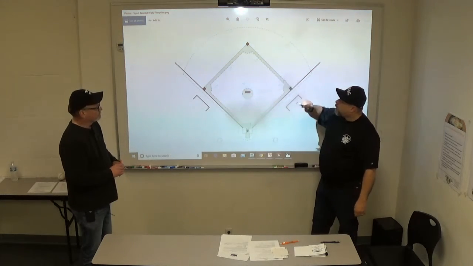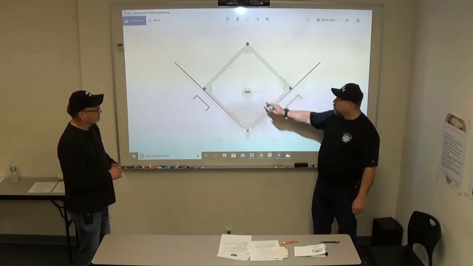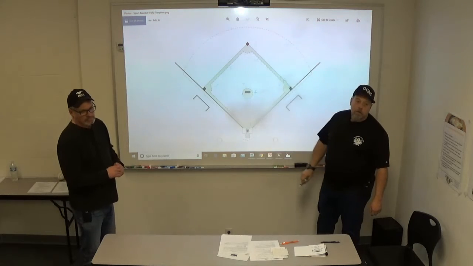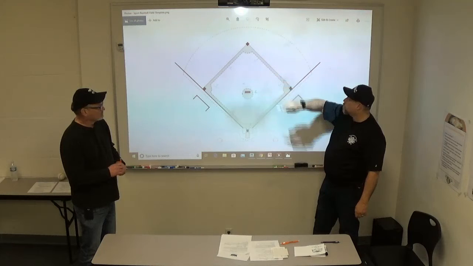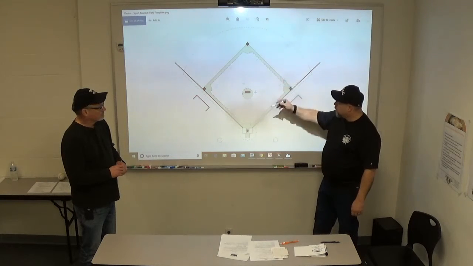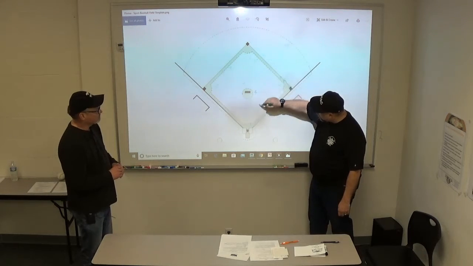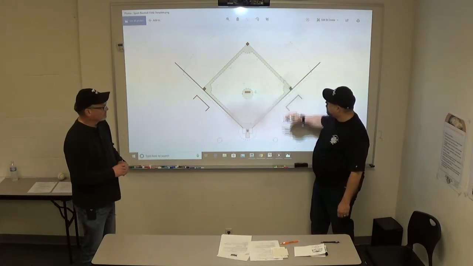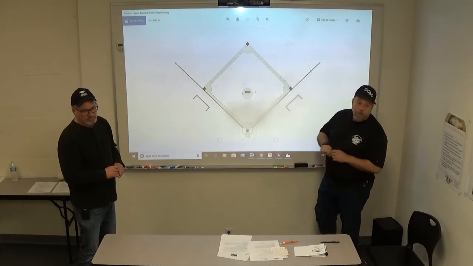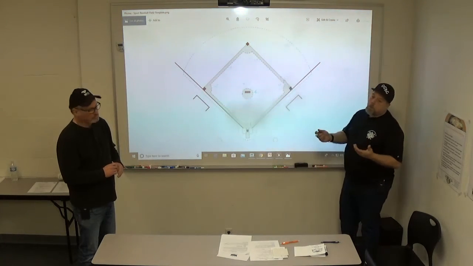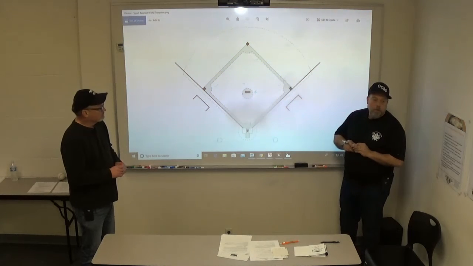The problem we run into with peewees is your pitcher standing here isn't really a pitcher, they're an infielder. And with your first, second, and short all playing inside the baseline, there's a high chance the ball is going to pass the pitcher or another infielder before it reaches the baseline to make an interference or obstruction call. Plus, at 5 years old, I don't think coaches are teaching the kids how to avoid obstruction and interference.